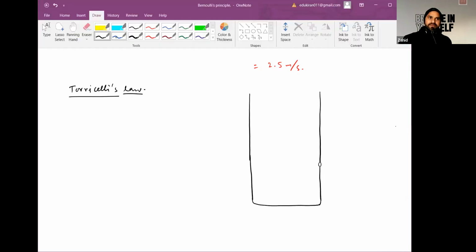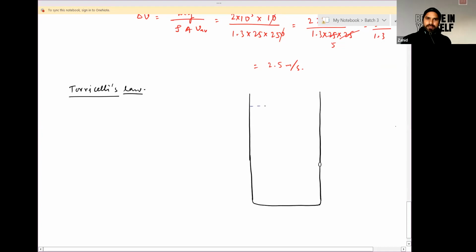Suppose liquid is filled in this particular tank up to this level. And due to this hole, there will be liquid coming out like this.